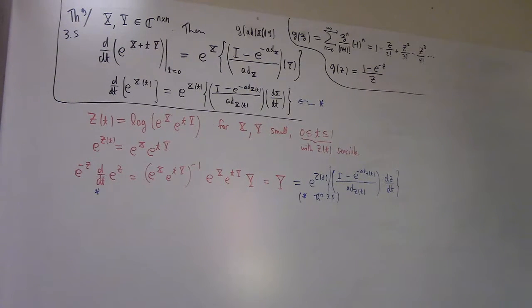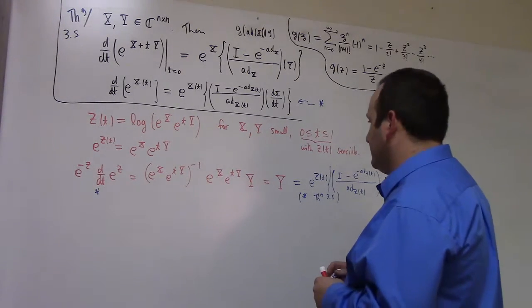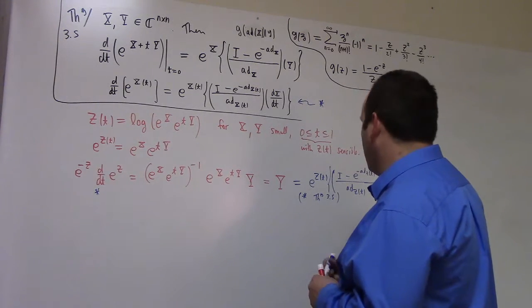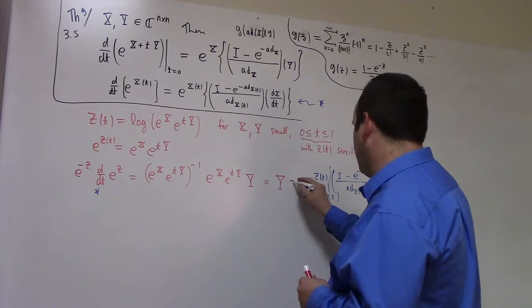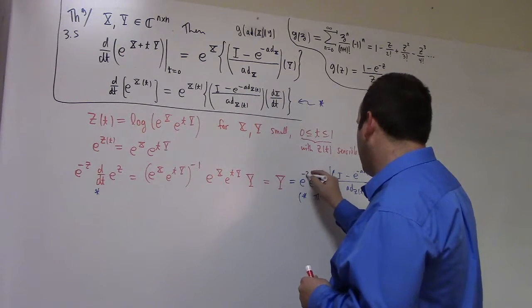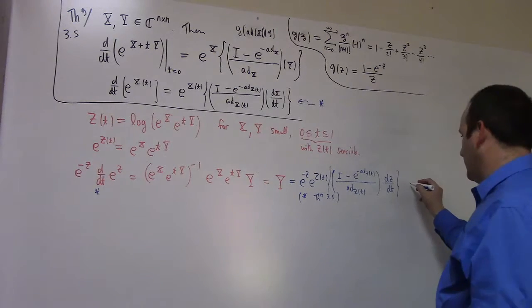What you wrote in blue is d dt of e to the z. There's also an e to the minus z in front. Oh, yes, thank you. So those cancel, and you're just left with what?